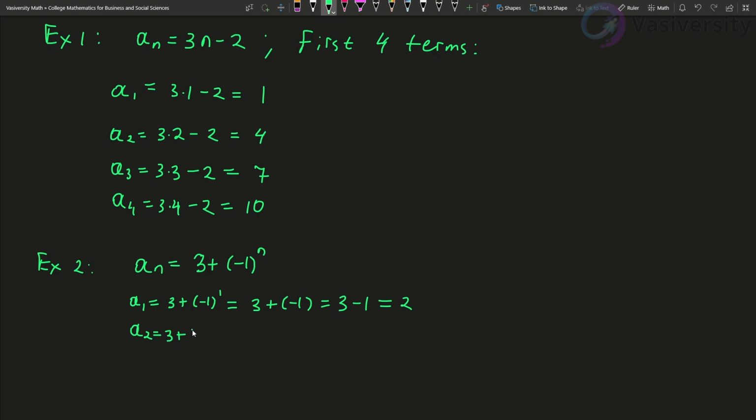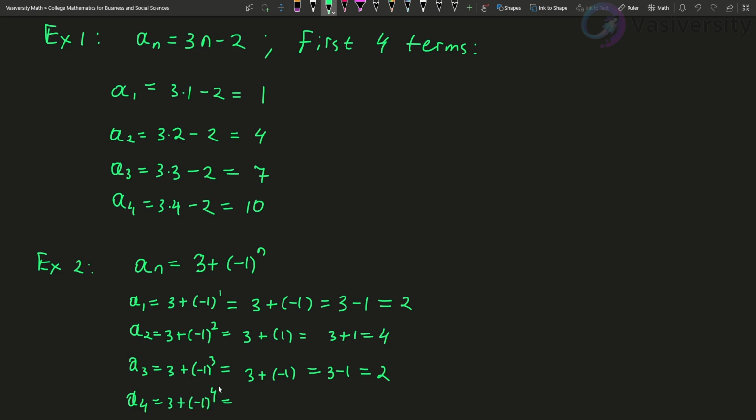It would be 3 plus negative 1 squared, which is 3 plus 1, which is equal to 4. Now we can repeat the process. A sub 3 is 3 plus negative 1 cubed, so that's 3 plus negative 1, which is 3 minus 1, equal to 2. And then a sub 4 is 3 plus negative 1 to the 4, which is 3 plus 1, equal to 4. So this one is a repeating sequence.